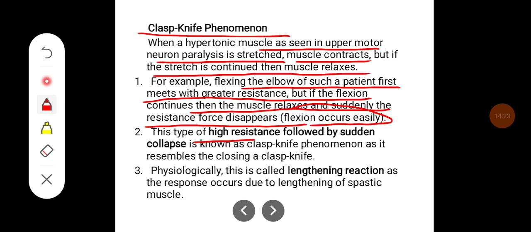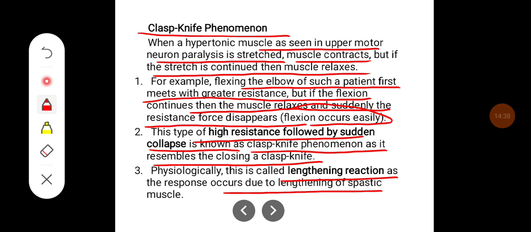So this type of high resistance followed by sudden collapse is known as clasp knife phenomenon, as it resembles the closing of a clasp knife. Physiologically, this is called lengthening reaction, as the response occurs due to the lengthening of spastic muscles.